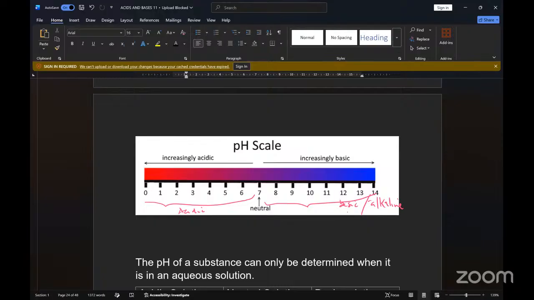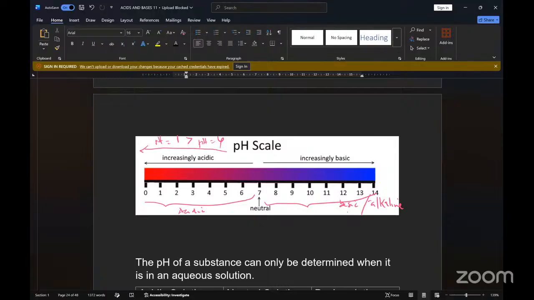Now, the strength of the acidity increases in this direction. It means that if you calculate your pH and you get 1, the acidity is stronger than a pH of 6. So 6 is weaker.